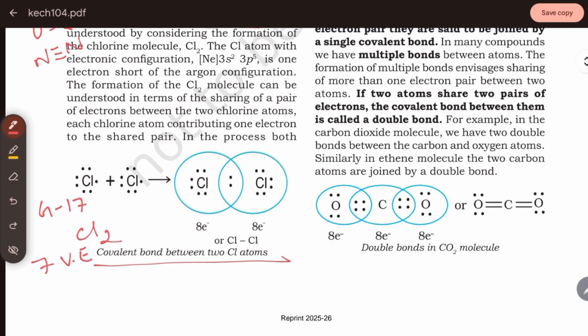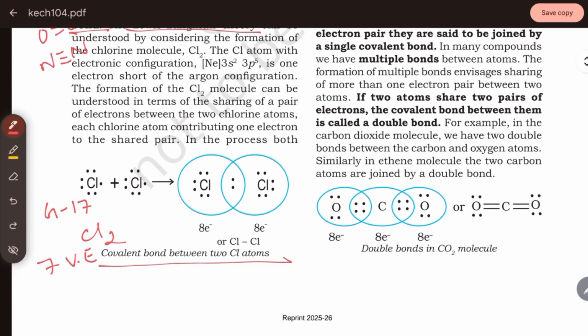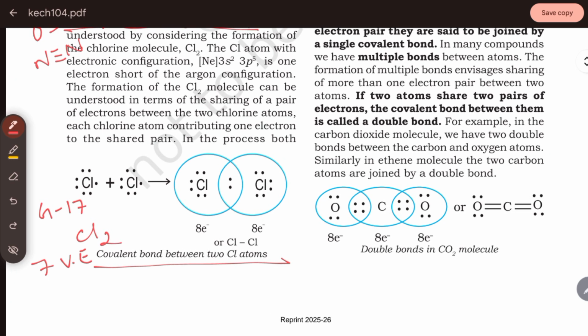It needs one more electron. One chlorine needs one more electron, the other needs one more electron. So no one can donate or gain in order to fulfill this requirement. What they can do is only share. When you see this region, you are seeing 2 electrons. One electron belongs to one Cl, the other electron belongs to the other Cl.